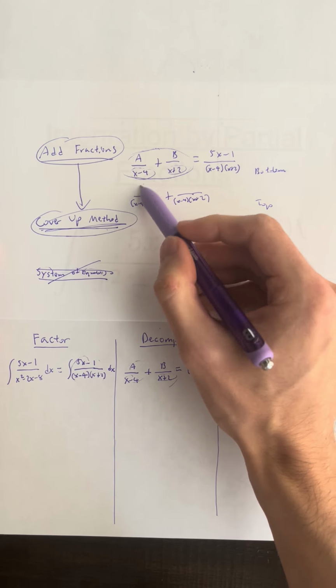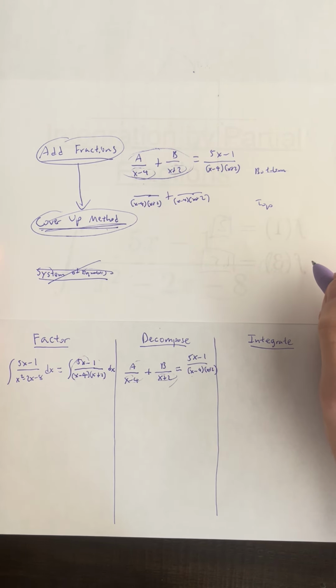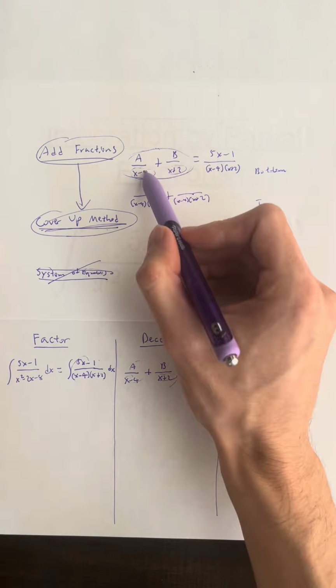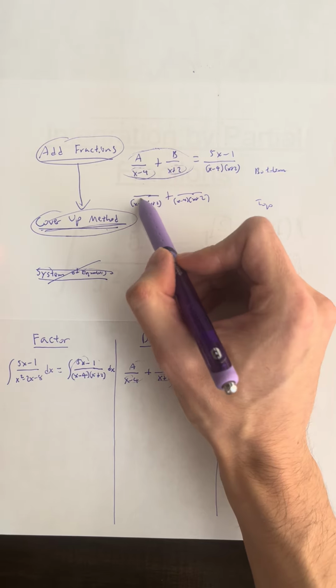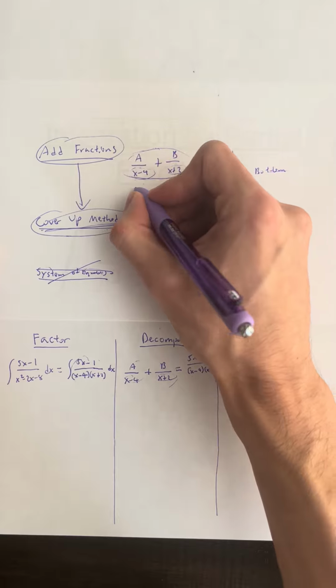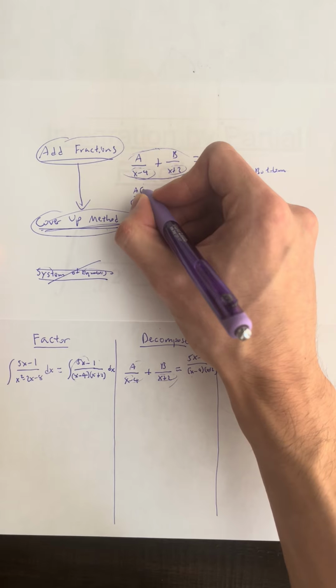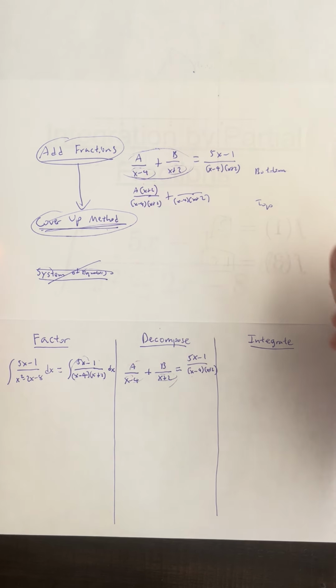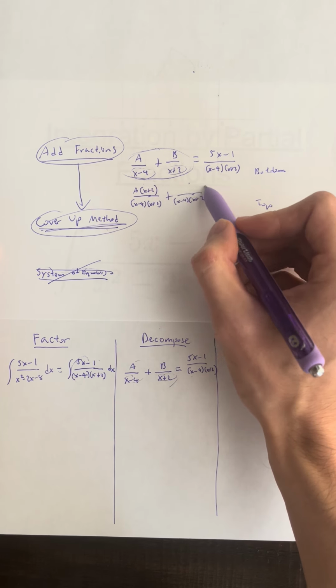Okay, what goes here? I multiplied by x plus 2 on the bottom. So we need to multiply by x plus 2 on the top. I'll give you a second to pause the video and figure out what goes here.